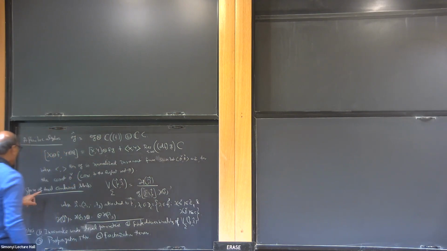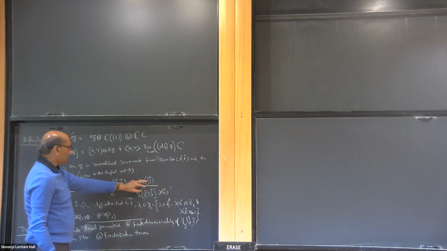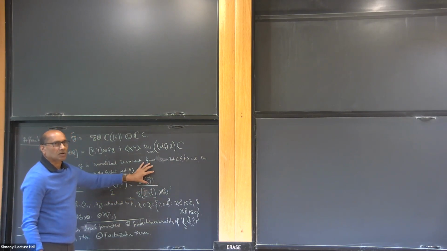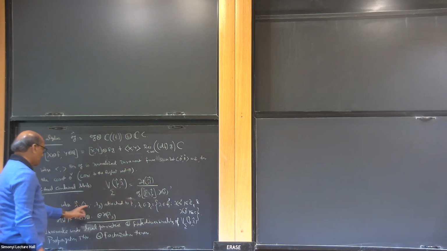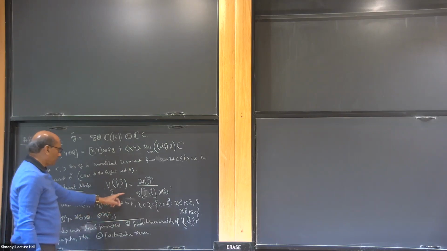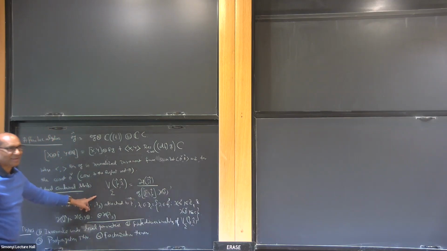And then the space of dual conformal blocks is by definition, we take H lambda and we divide by this. This is the covariant space with respect to this action, where lambda is lambda 1 through lambda s, with lambda 1 attached to P1, and lambda s attached to PS.